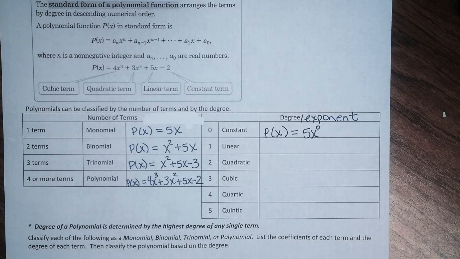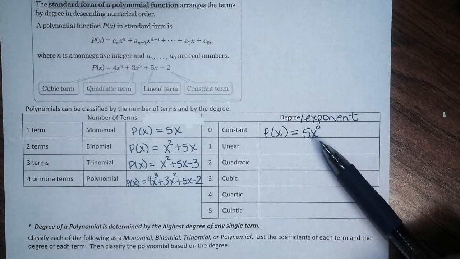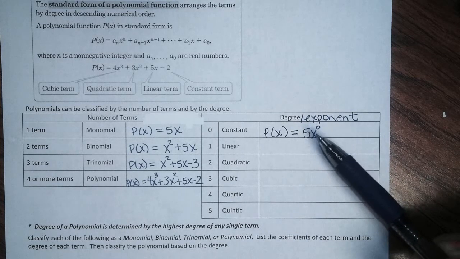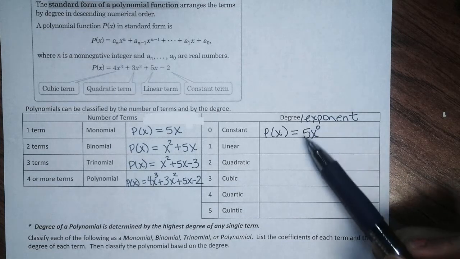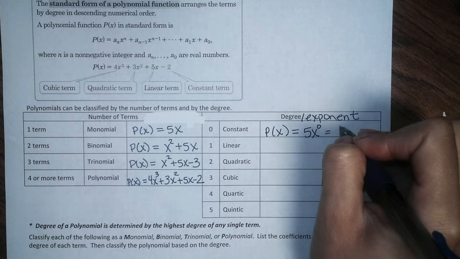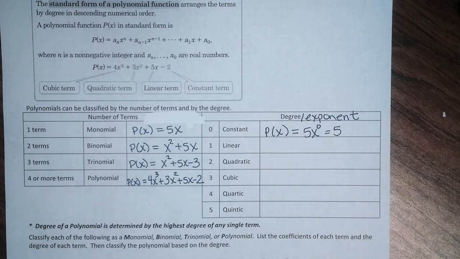That's an example of a constant because x to the 0, obviously, the exponent is 0, but x to the 0 just goes away, and that's just the number 5. So in other words, 5, 6, 3, all the regular numbers, those are called constants.